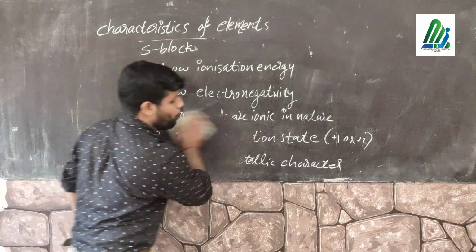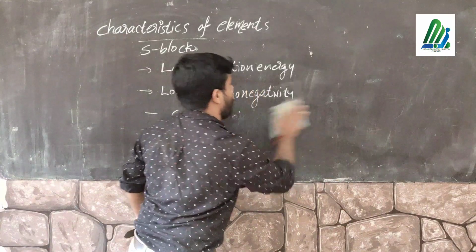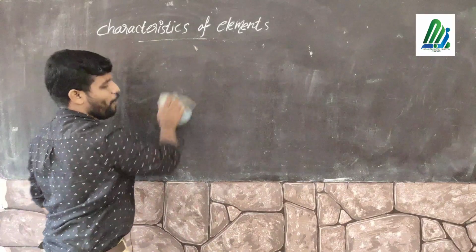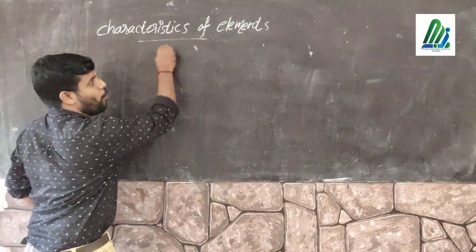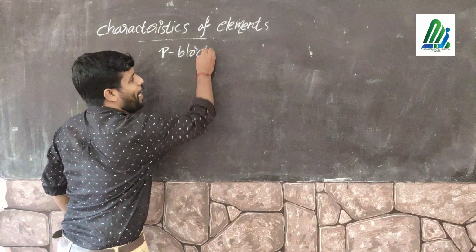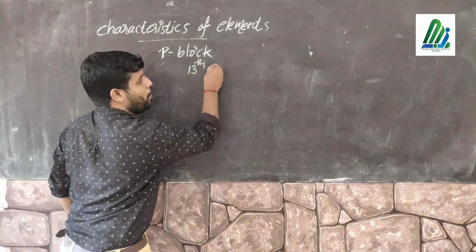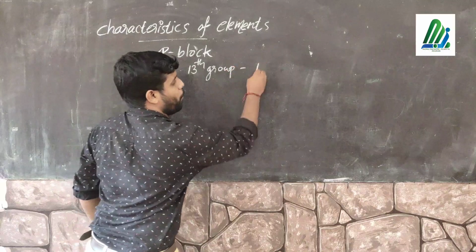Next we have to know the characteristics of P block elements. We know that the P block is from the 13th group to the 18th group.